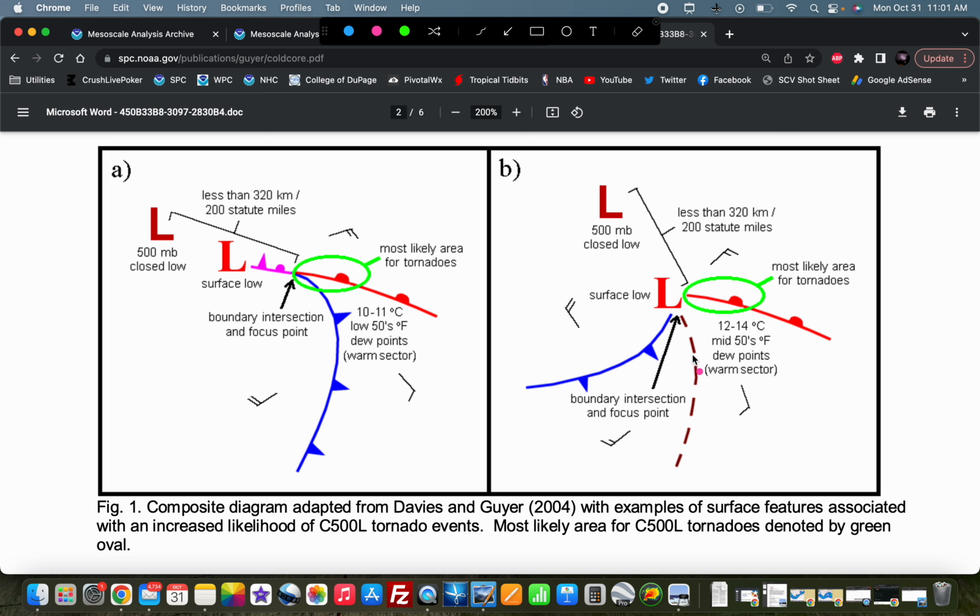Right at that triple point, that boundary between the dry line, that moisture axis, and the warm frontal zone, right up in that surface low is where we're most likely to see tornado formation with these cold core setups. So this is a couple of diagrams I often go back to when I'm forecasting these cold core setups to see if a setup fits the bill.